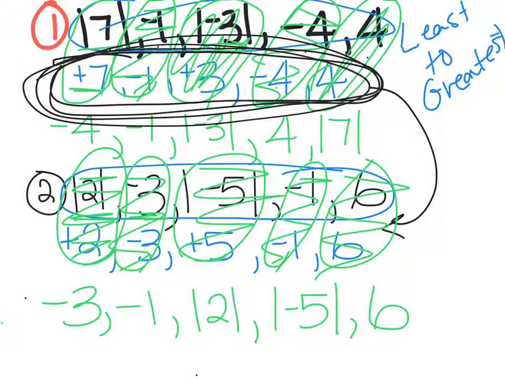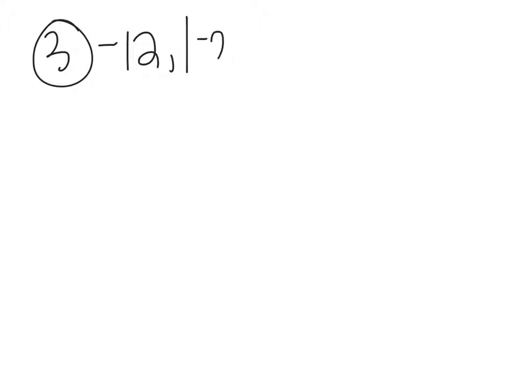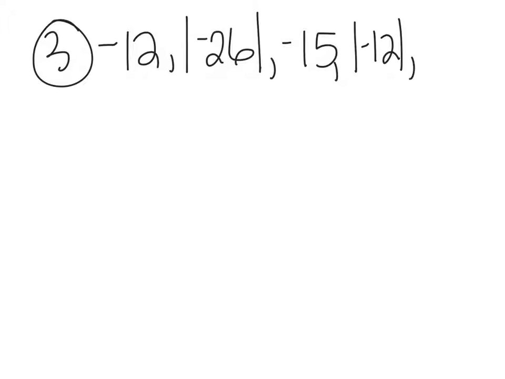Okay, I'm going to write another example down, and then you guys can go ahead and do this one on your own. So our third example is -12, absolute value of -26, -15, absolute value of -12, and 10.